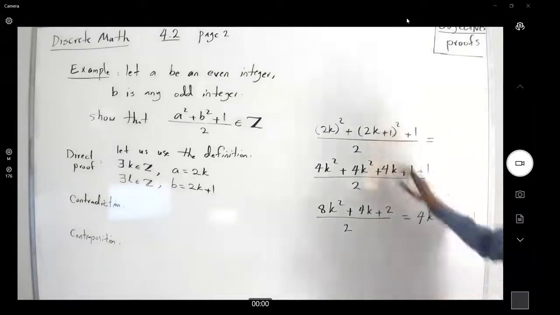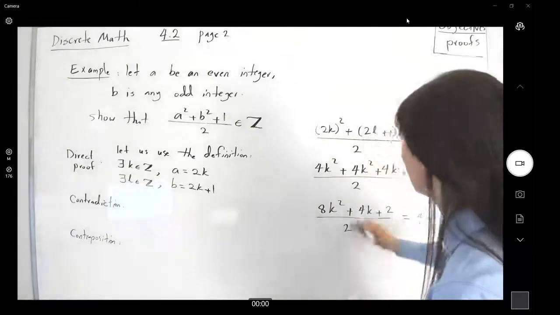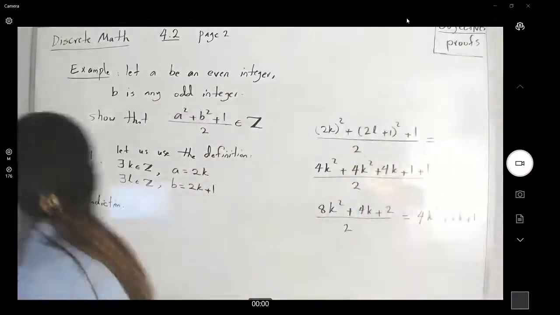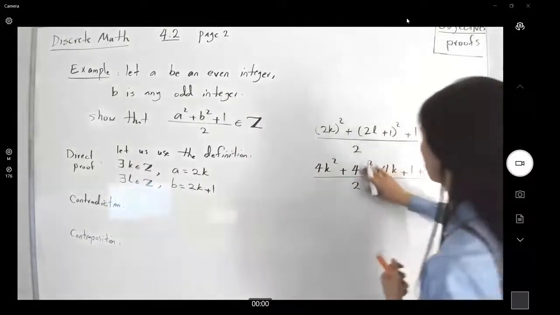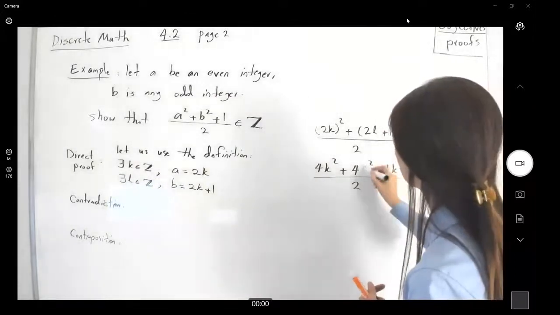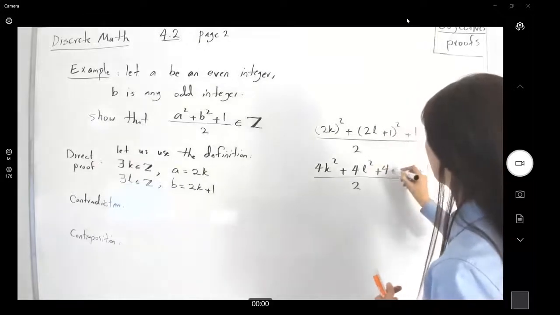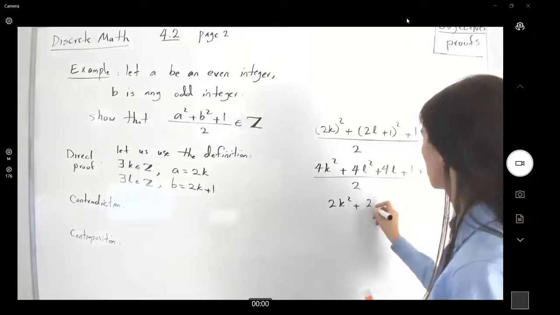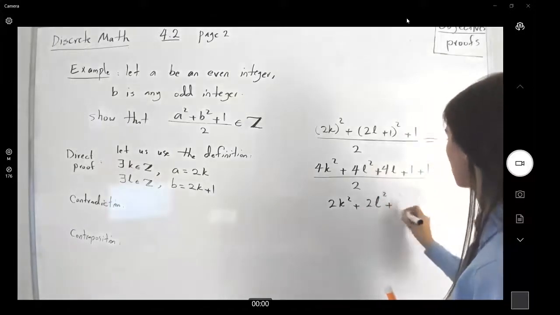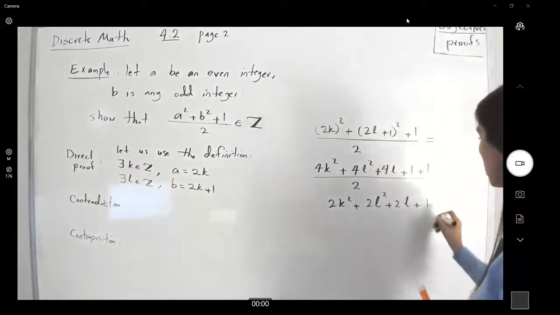But let me just leave this as it is. I don't want to make you confused about these. It's easier not to combine them. So here we have 2K squared plus 2L squared plus 2L plus 1.